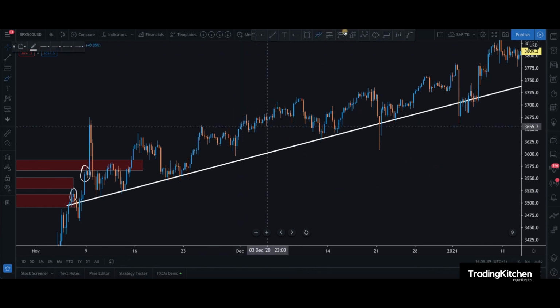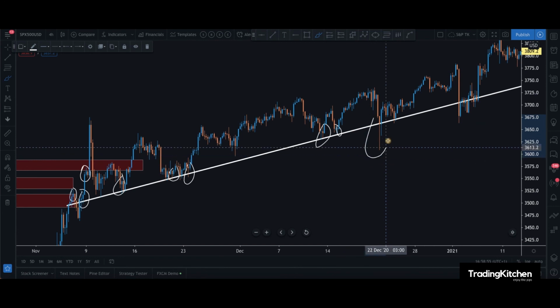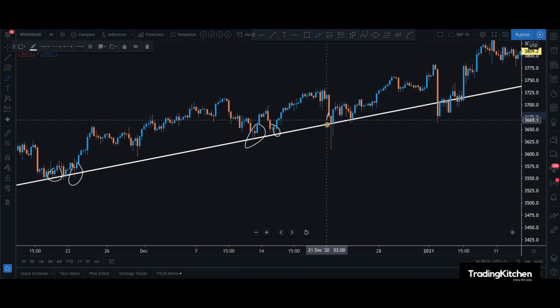Like this example, these are all pin bars on a trend line. Maybe not all of them are pin bars. This is a very good pin bar. But the concept is the same.